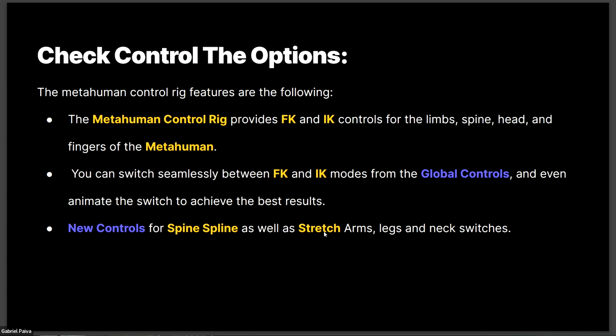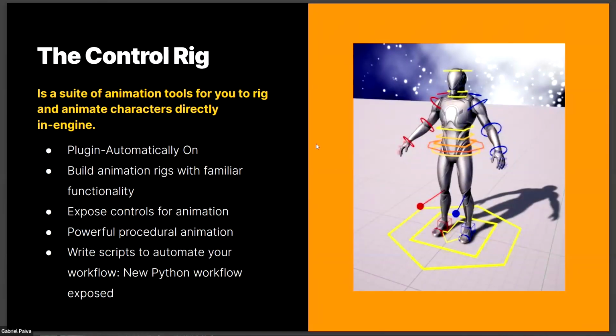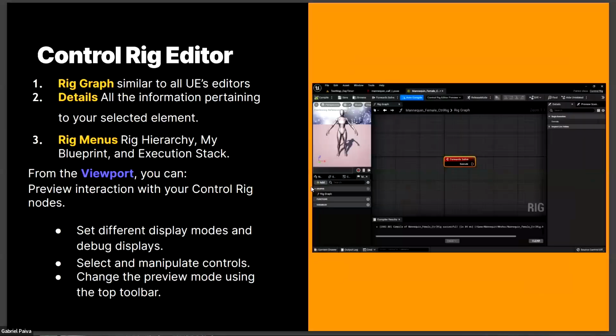We also have this new stretch, right? If we set up these new splines, right? We're going to be checking all that very soon when we actually open our control rig and start playing with it. We got to create our first control rig, right?